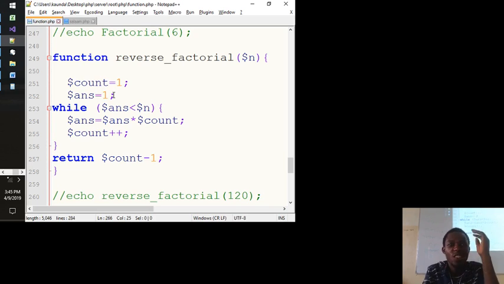You are getting wrong answer, or answer is not showing. Okay. That the whole thing is that one should be able to fix it.